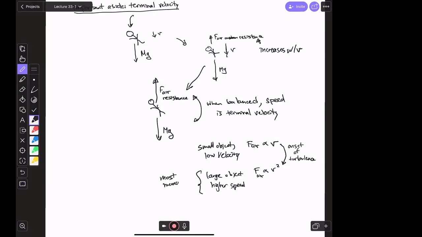Most of the time when we're moving around typical human-sized objects, we're creating turbulence, and the air resistance is proportional to v squared. However, for microscopic organisms, all their experience is in this other limit of non-turbulent air resistance or water resistance as well, same physics. So they're always in the limit where the force is proportional to the velocity.